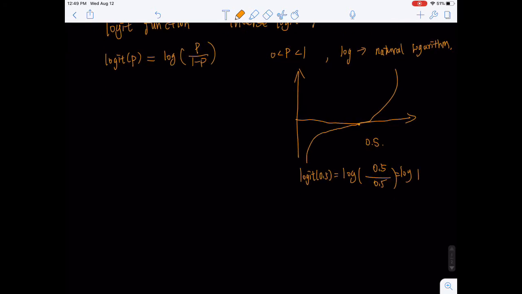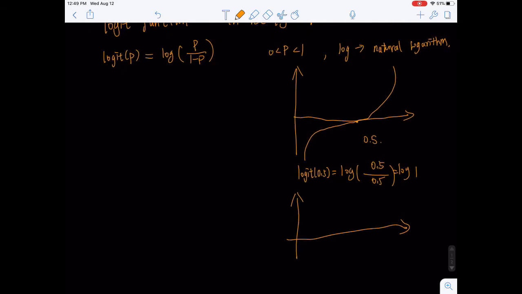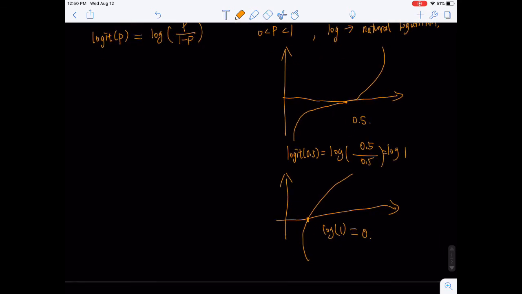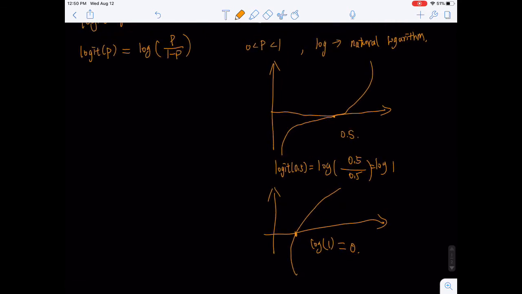And if you know the graph for the logarithm, then you know that log of 1 is actually 0.